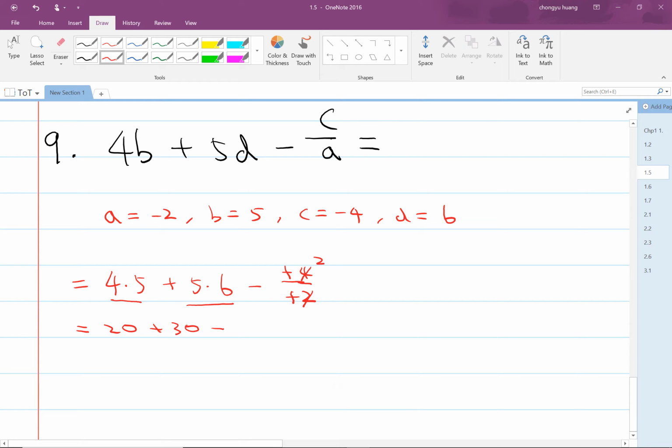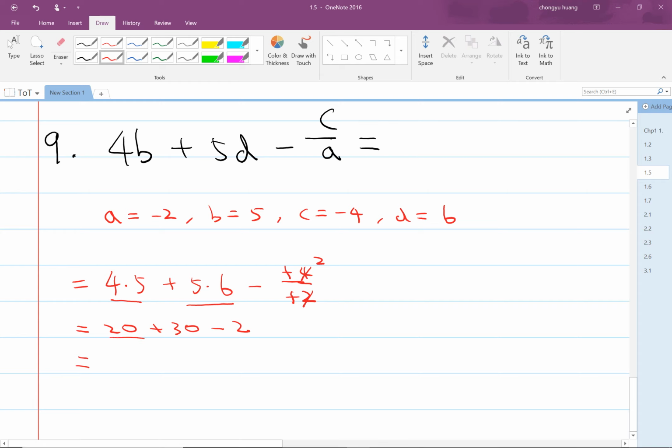So therefore it's going to be minus 2. And after that we have to do those addition and subtraction to make the answer as simple as possible, right?